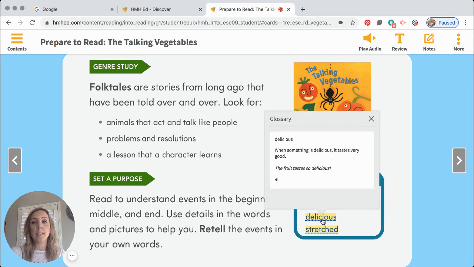The next word is the word delicious. When something is delicious, it tastes very good. So the fruit that I had today tastes so delicious, right? It tasted so delicious. I want you to think about something that you think tastes delicious and share that with the person sitting next to you.